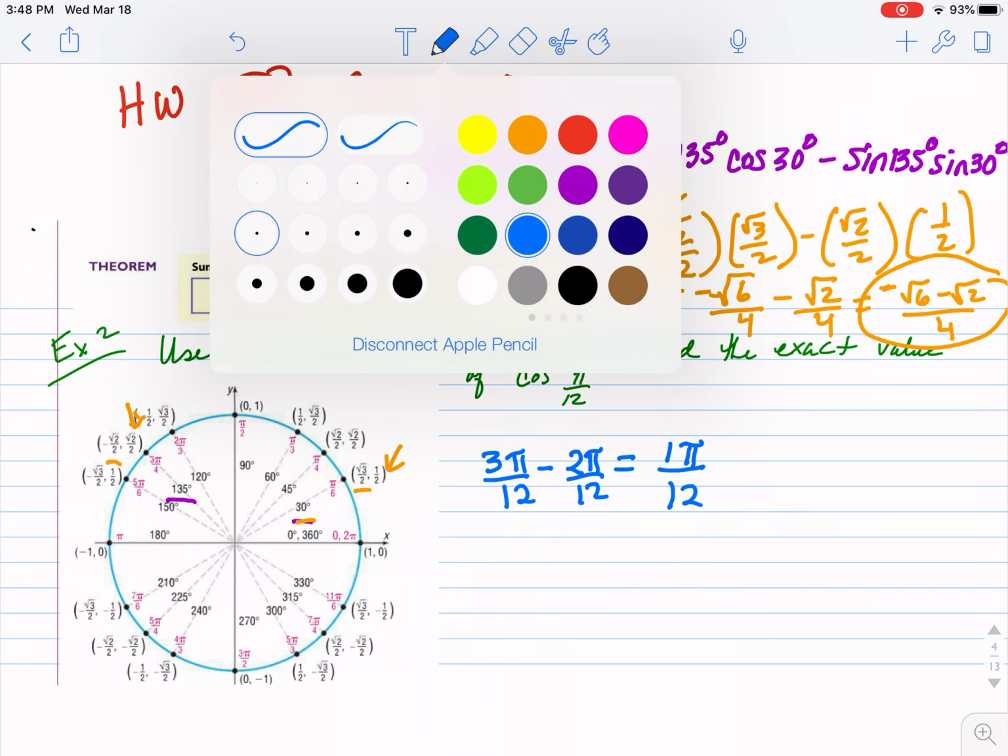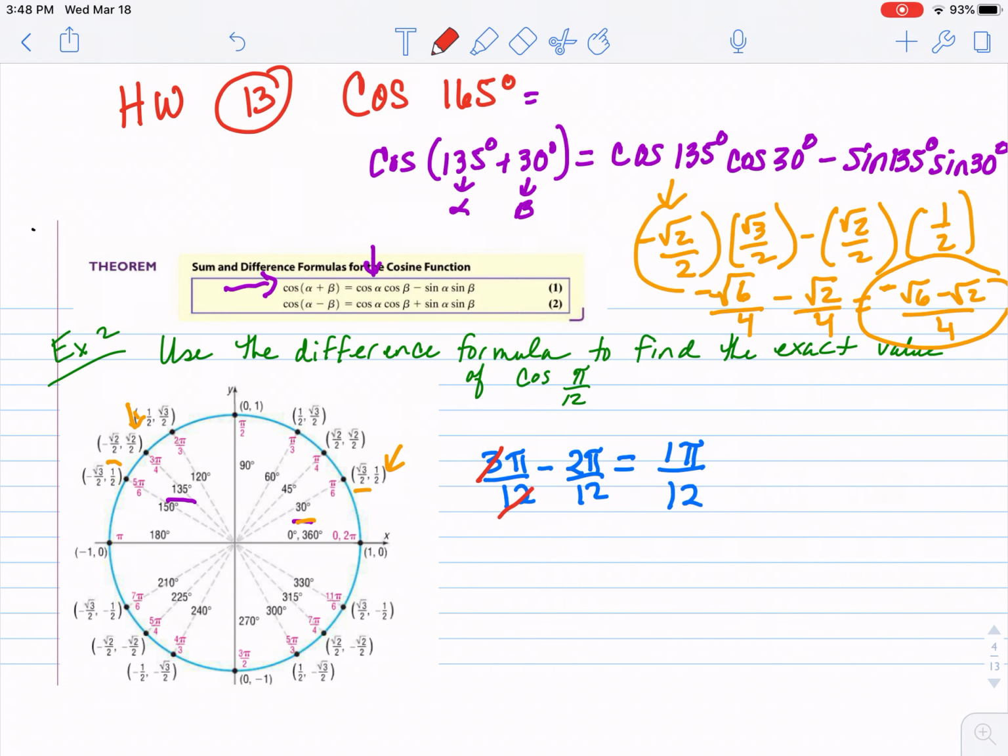Well, look, check it out, guys. 3 over 4, this I cancel out, this I cancel out. This is really pi over 4. Isn't 3 pi minus 2 pi 1 pi? I'm trying to get to be pi over 4. Now 2 over 6, I can cancel and make that 1 pi over 6. So it's pi over 4 minus pi over 6. That's a good combination.